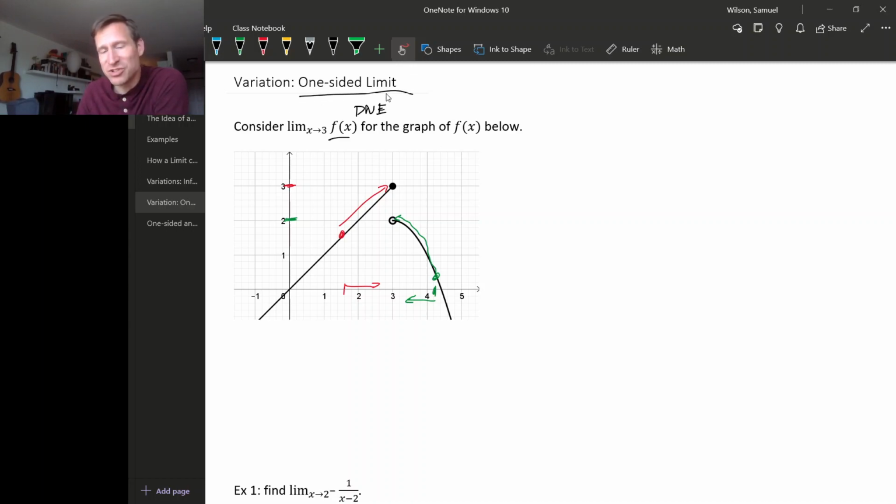So in some situations, it doesn't make sense to approach your number from both sides. Sometimes you only want to approach it from one side. An example of that would be in special relativity, where the speed of light c is a universal speed limit, and you can never go faster than c. If you want to know what happens as something approaches c, you don't care what happens if it approaches c from above.